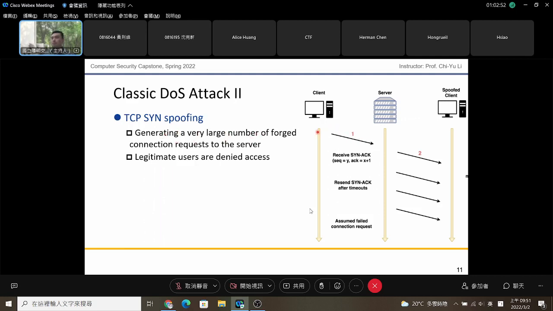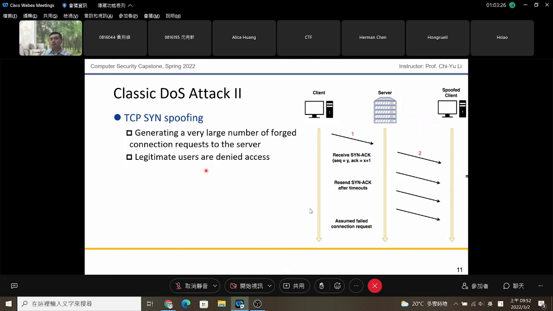The attacker does not acknowledge any of these connections, so all this connection information will always remain in the memory of this table. Based on these SYN flooding attacks, legitimate users are denied access.